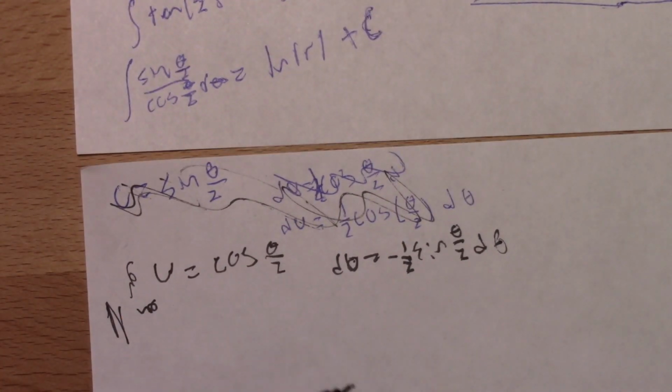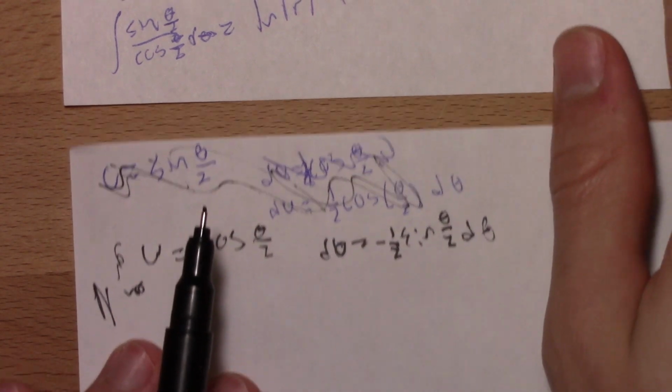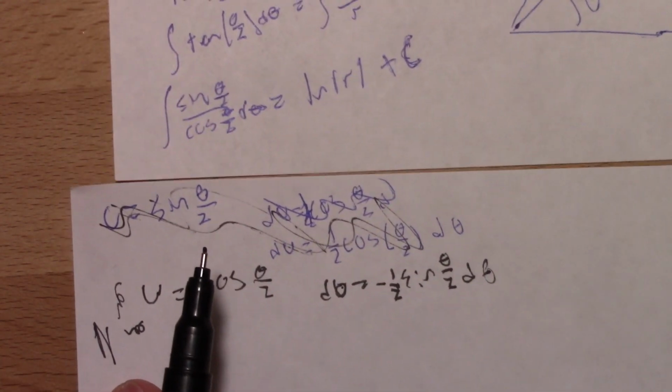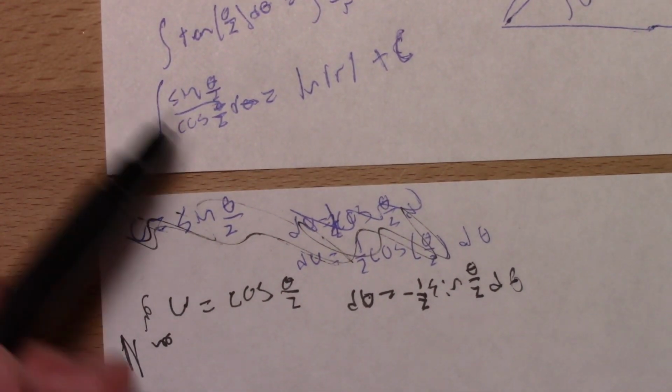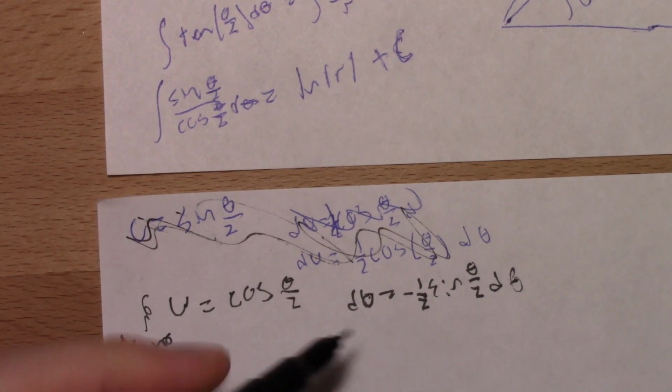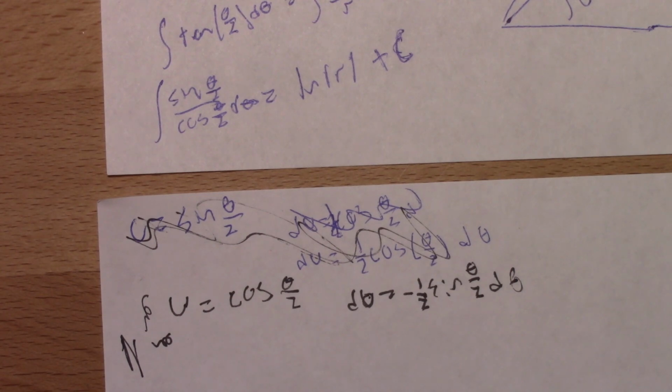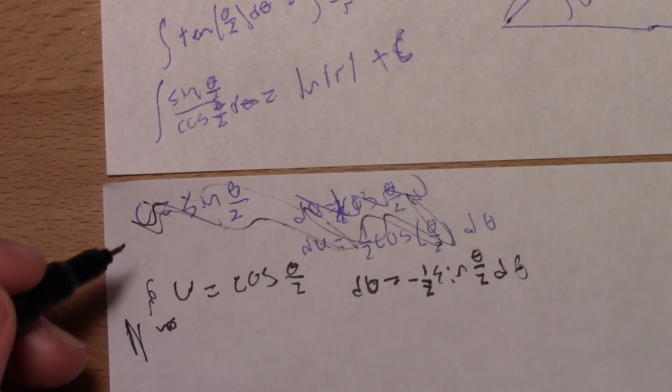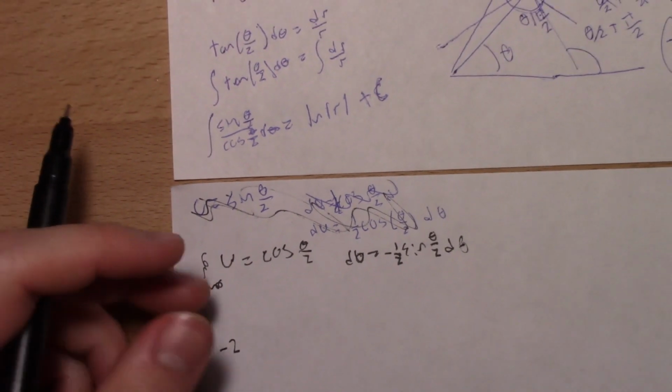All right, this is looking better. Sine theta over 2, sine theta over 2. Okay, so we need to put this in here. So let's put a negative 2 in the front. Whoops, this is a little bit too low. Let's give some more room.